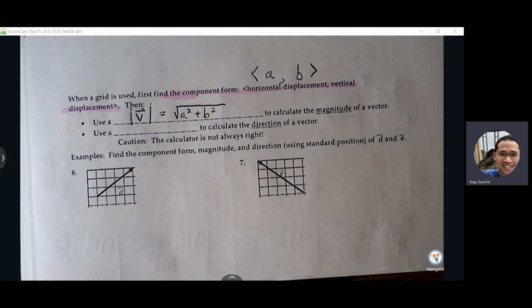Also, you can think of it as horizontal displacement and vertical displacement. Component form is going to be in these angled brackets.